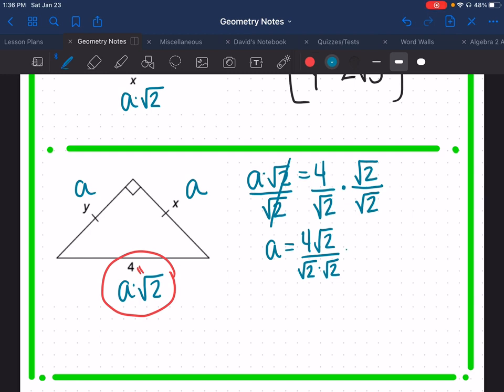Let's go ahead and fix up that bottom because we just talked about it. The numerator stays the same, but the denominator I can think of as 2 times 2 all under the square root. Well, I know that 2 times 2 is 4. And I know that the square root of 4 is really 2.